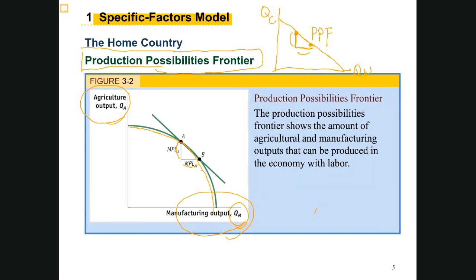So what does this mean? MPLA divided by MPLM. That means it is the opportunity cost, OC, of producing one more unit of manufacturing output.